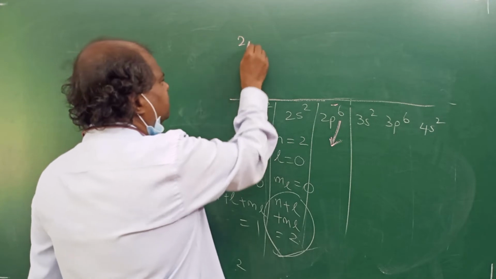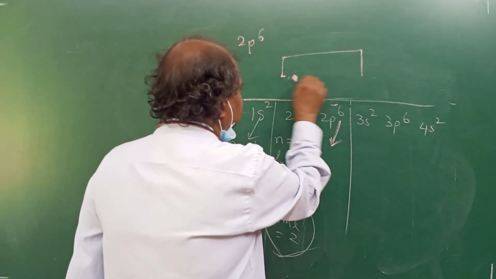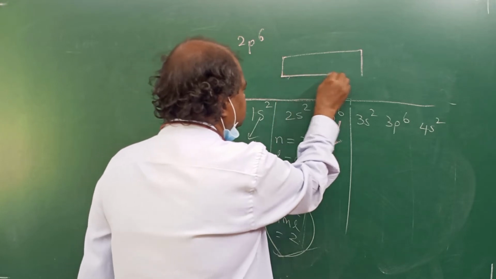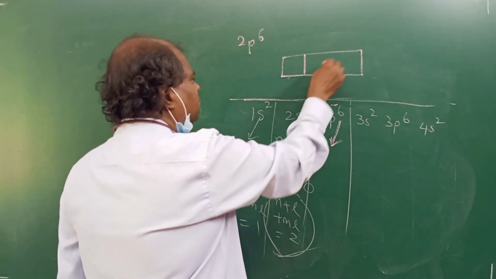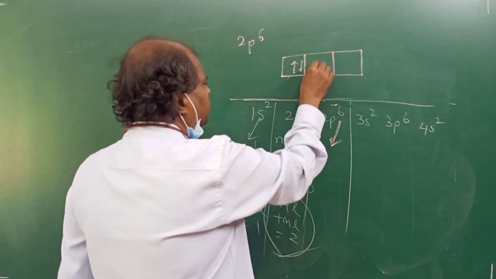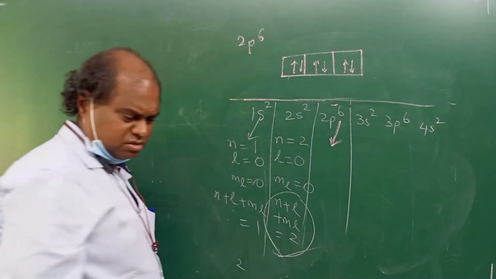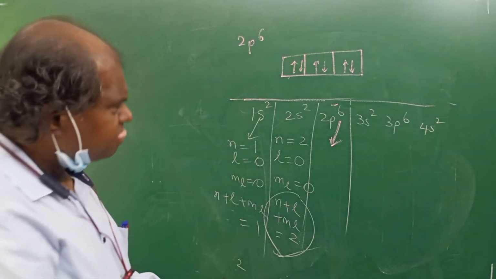Now students, for 2p6, what you have to do is, you draw the box diagram. So you will put 2 here, you will put 2 here, and you will put 2 here.